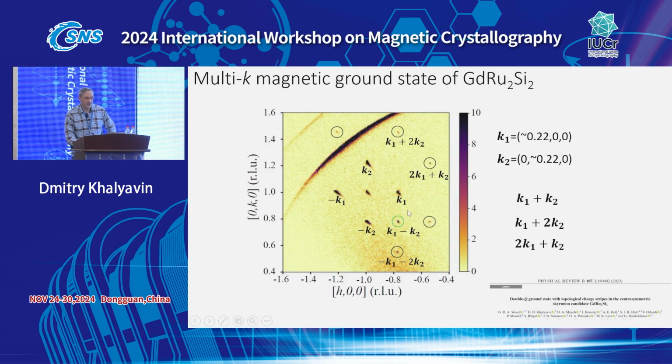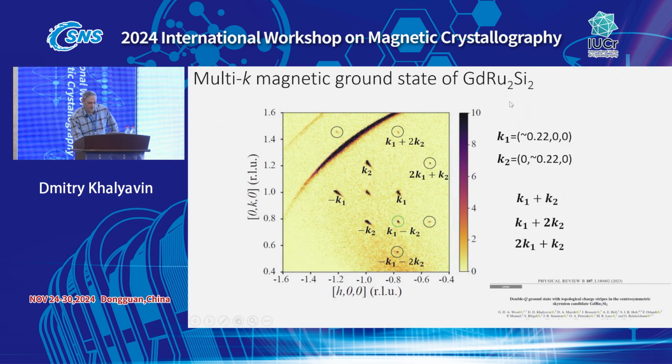And it has been done, and indeed K1 plus K2 is structural, and K1 plus 2K2 is magnetic, exactly as it should be. So based on that information, we concluded that the ground state of this skyrmion host is a multi-K structure.